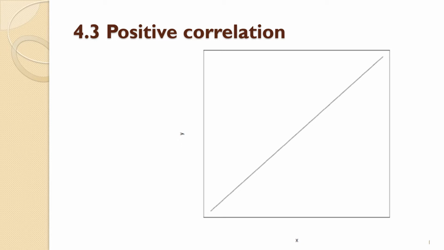Okay, so sometimes you've got to use your imagination a little bit. If you have a real data set, it's unlikely to give you such a perfect correlation. But the basic idea with positive correlation is that as one variable increases, the other increases.